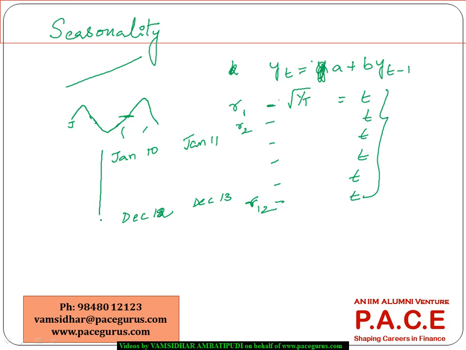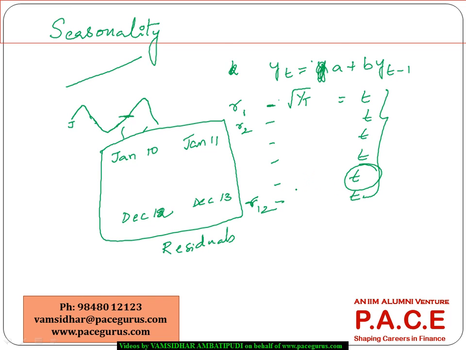If I take the correlation between these two sets of residuals and they are very heavily correlated, it means autocorrelation exists between these residuals, and then I can very well think of autocorrelation being present in the data.